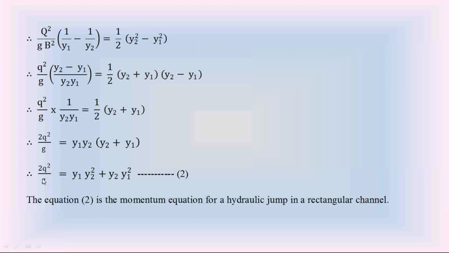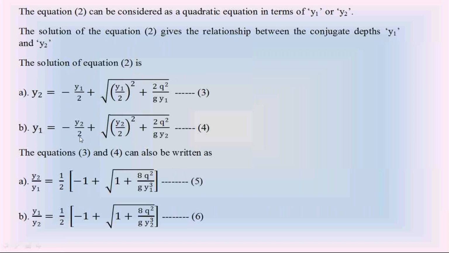So the solution of y1, if I consider equation 2 as a quadratic equation in terms of y1, is this: y1 is equal to minus y2 by 2 plus root of y2 by 2 whole square plus 2q square by z by 2. You know that equation 2 can also be considered a quadratic equation in terms of the depth y2.